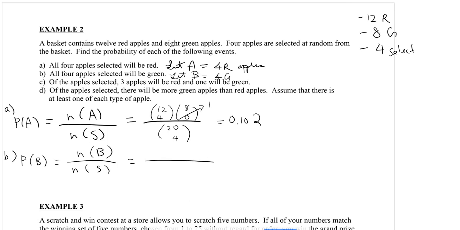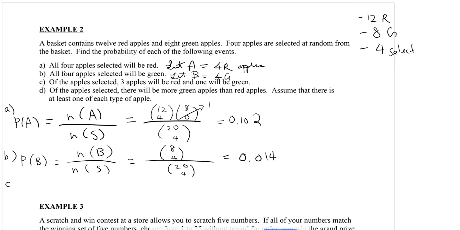So all possible outcomes immediately, the situation hasn't changed. So it's still 20 choose 4, but for the green apples alone, there's 8 of them and I'm picking 4. I don't really care about the reds. It will turn into 1 anyways, as you saw in part A. And using a calculator, it's pretty much 0.014.